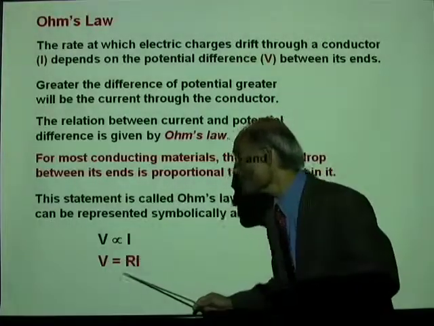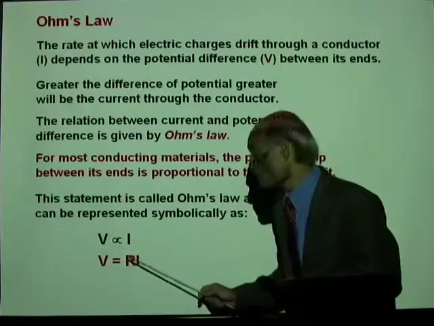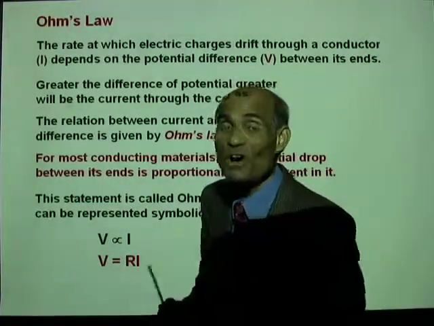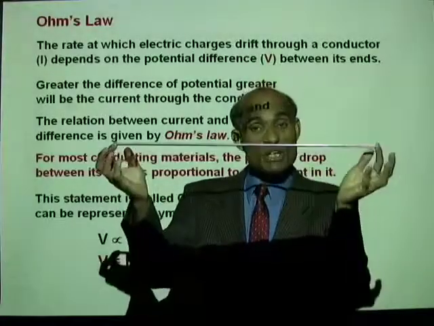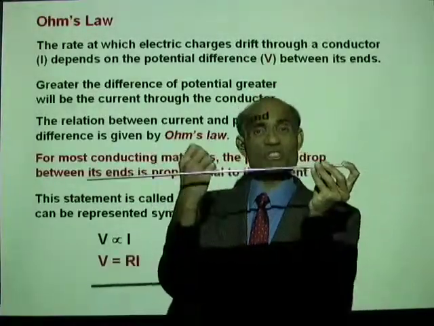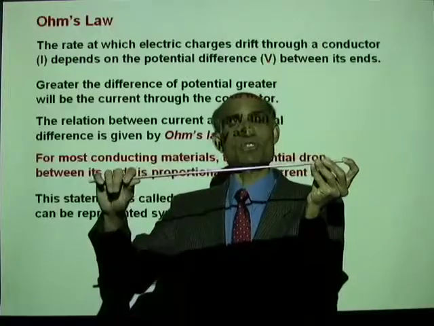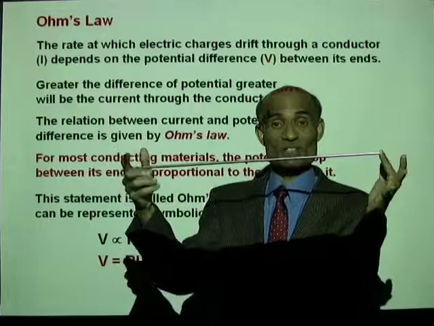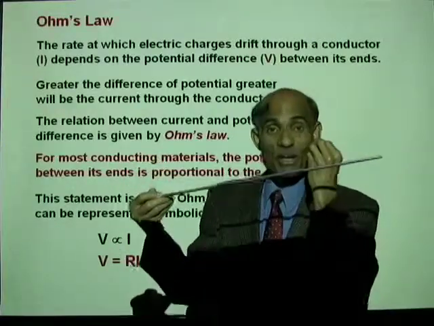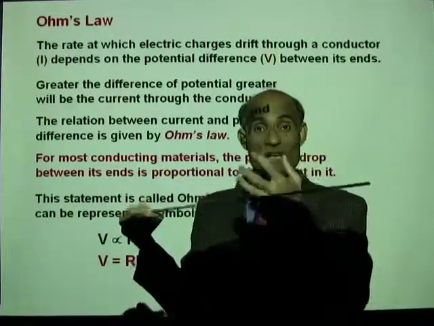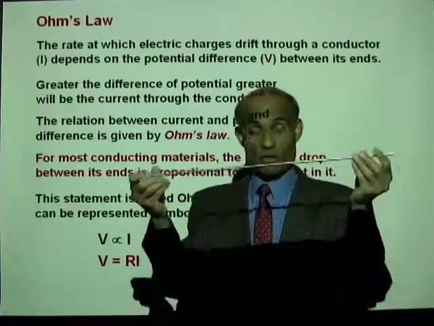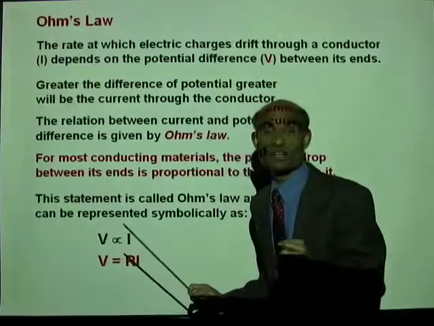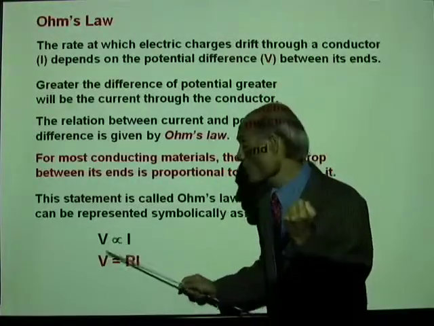And there are three important quantities there. This constant R is called the resistance of the conductor. In other words, any conductor offers a resistance for the flow of electric charges. So that R is a measure of the resistance of the conductor, which is a constant for a given conductor. It can change from conductor to conductor, but for a given conductor, it is a constant. So what are the three quantities that are defined by Ohm's law?